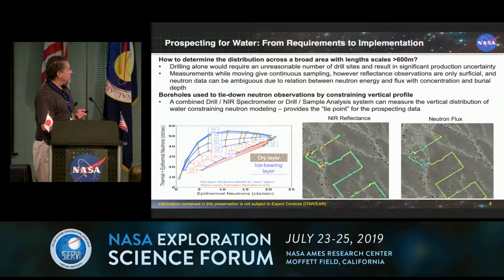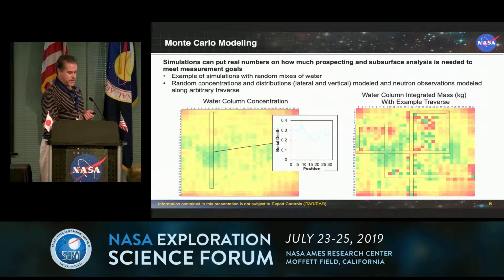So this is the kind of model I started with when developing these Monte Carlo simulations for a mission to identify, characterize a region. What we've done is we basically generated random simulations of mixtures of water. This is X by Y. This just shows high and low concentrations of water. The green means higher concentrations of water.